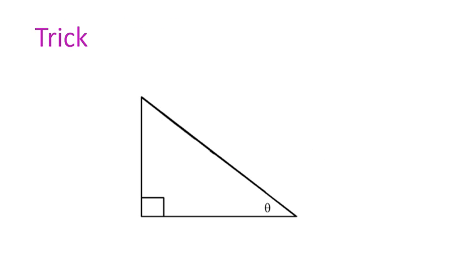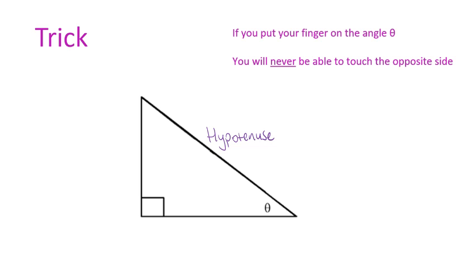Alright, I'll show you my trick. The first thing we'll do though is we'll just label the hypotenuse because we already know that. So now we need to label the opposite side, and this is my trick. If you put your finger on the angle, you will never be able to touch the opposite side. So if this is my hand and I put it on the angle, you will never be able to touch the opposite side.